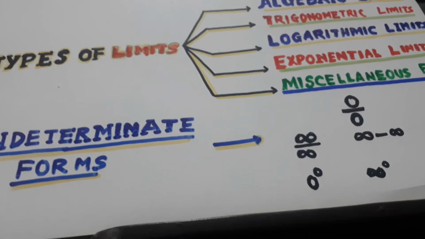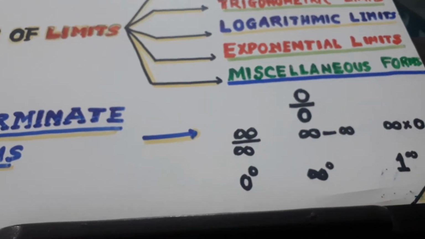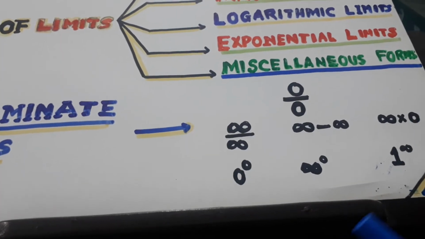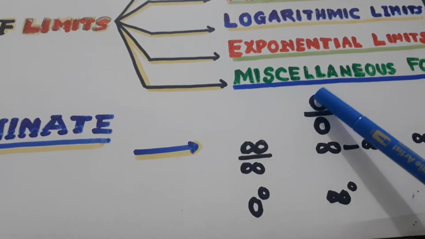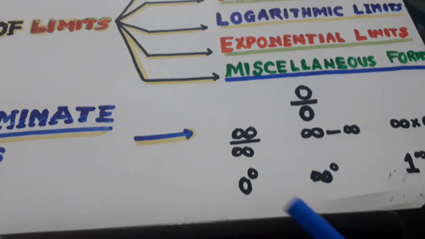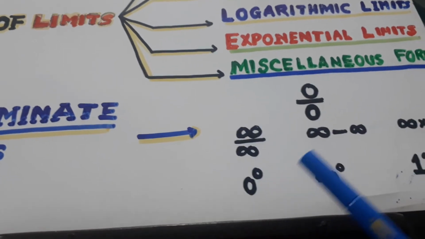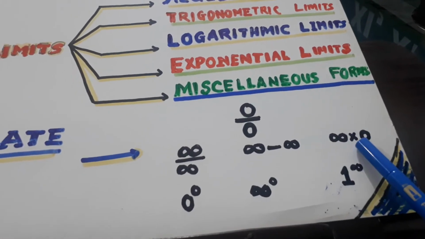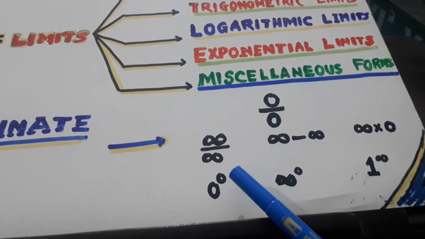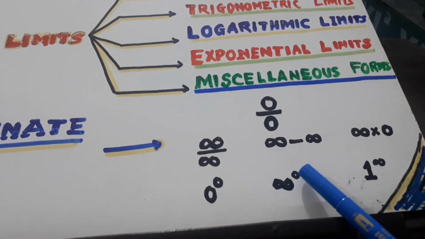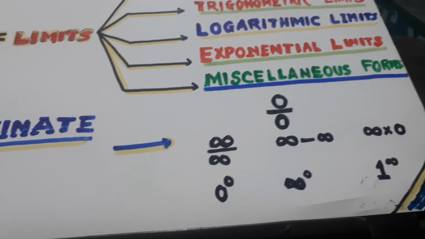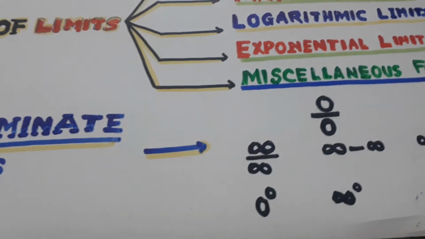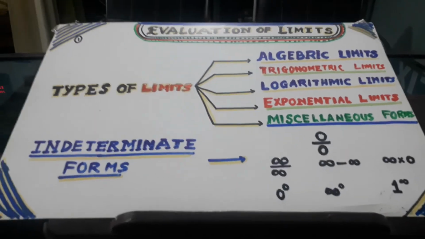There are 7 indeterminate forms where we cannot find the value: 0 by 0, infinity by infinity, infinity minus infinity, infinity into 0, 0 raised to 0, infinity raised to 0, 1 raised to infinity. So this is what I wanted to teach you today.